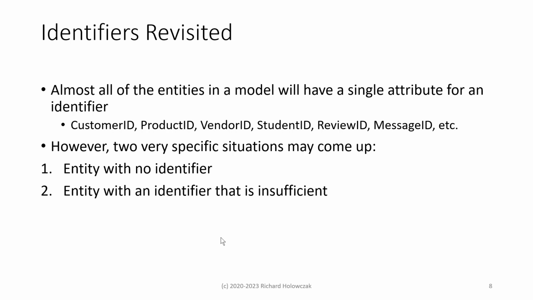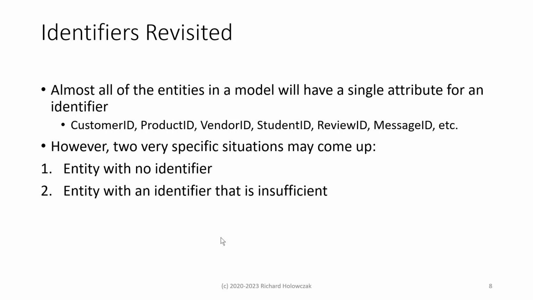Almost all of the entities that you will have in a model are going to have a single attribute for an identifier. We talked about this in part 1 of the series. Anytime you have an entity, all you have to do is take the name of that entity and put ID next to it, and you get an artificial identifier that simply works.